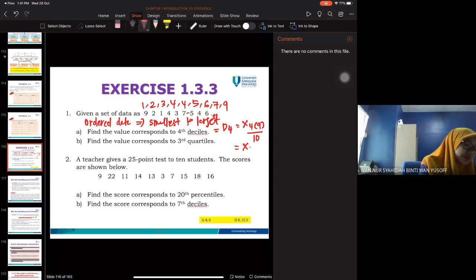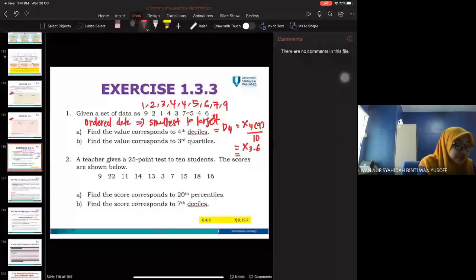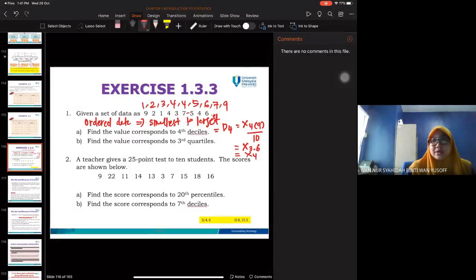So X 3.6, not a whole number, so we round up to the next whole number, X4. So data number 4 in order: 1, 2, 3, 4.